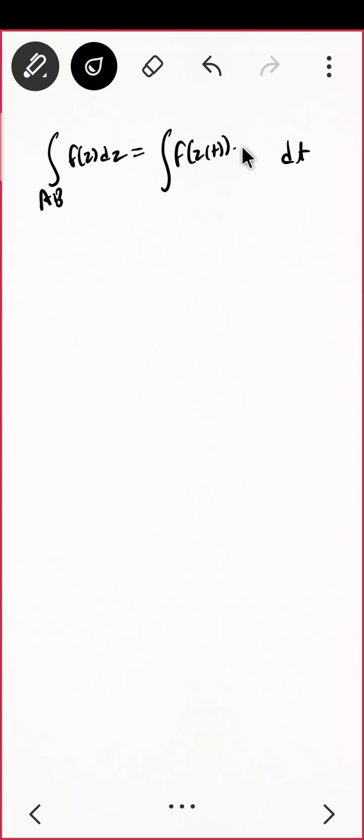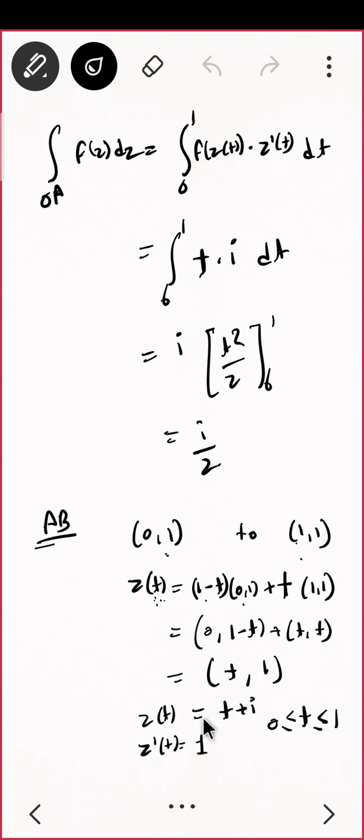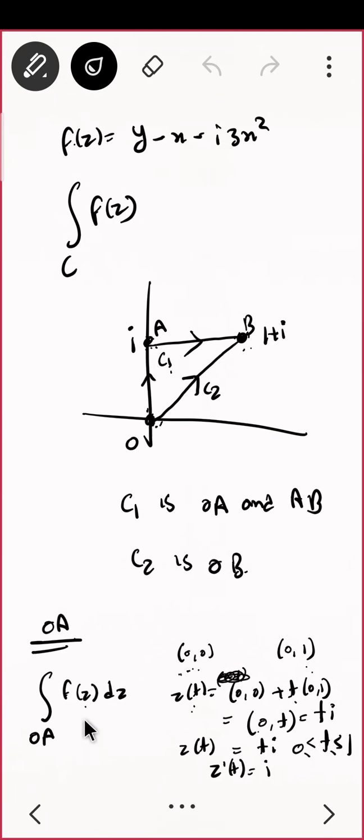Let us find the integration over AB of f of z dz. This will be over dt, it is f of z of t into z dash of t, with limits 0 to 1. What is f of z of t? Now in this case my z of t is (t, 1). So in place of x I need to put t, and in place of y I need to put 1.